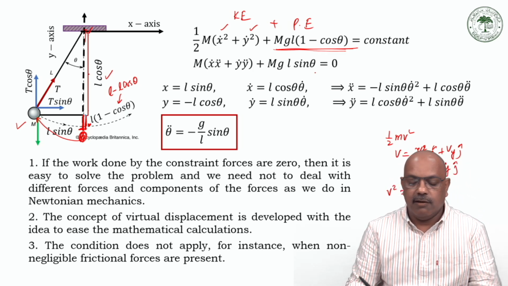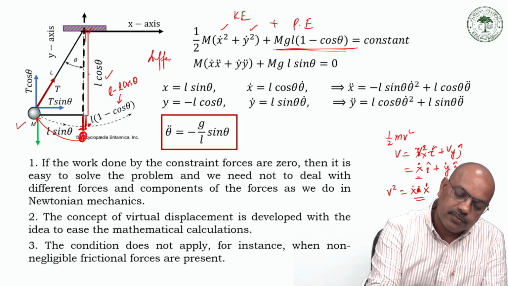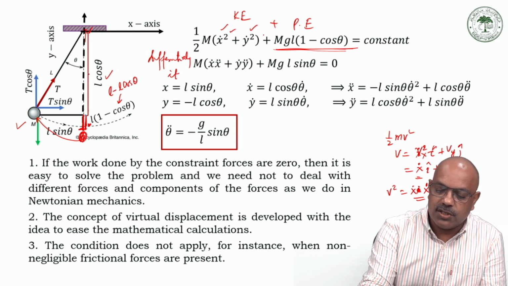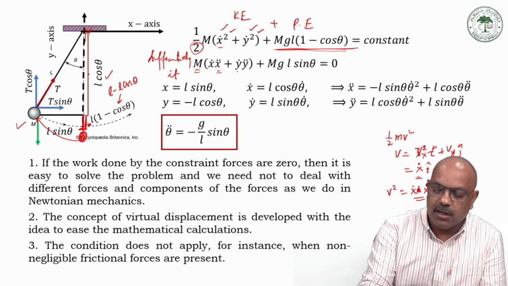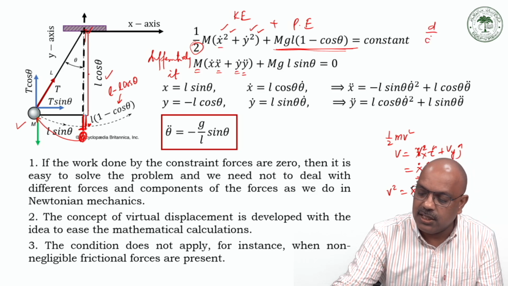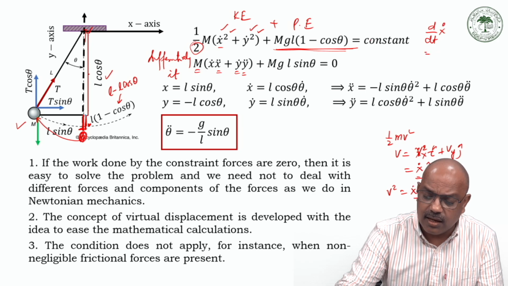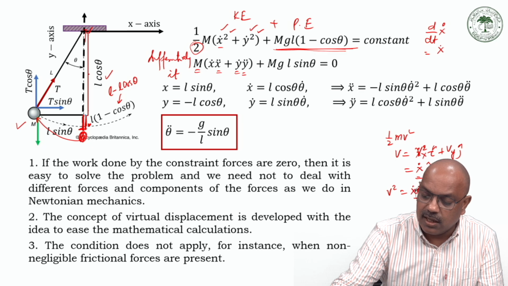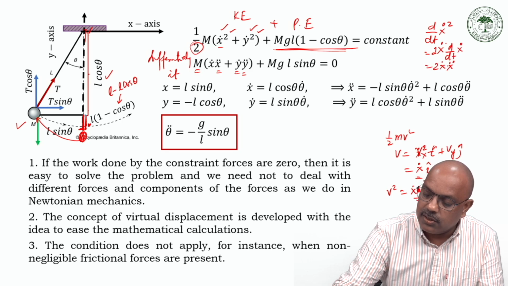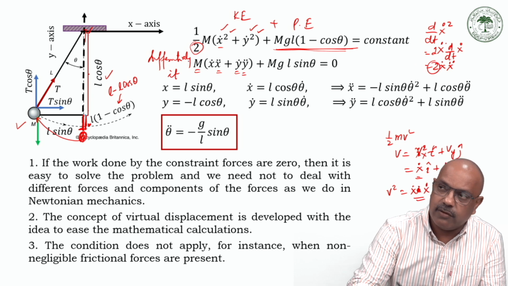If I solve this by differentiating it, what I get is m, because the two halves and the two from the differentiation cancel out. So I have m times x dot x double dot plus y dot y double dot. The derivative of x dot square is twice x dot times x double dot, so the half cancels with the 2.